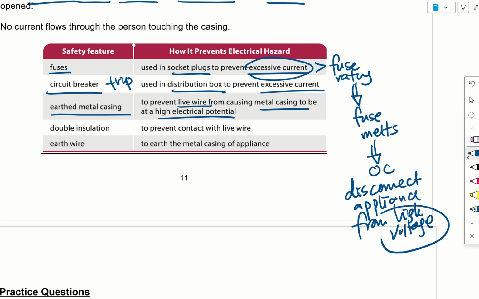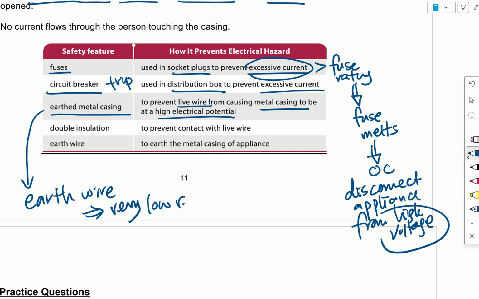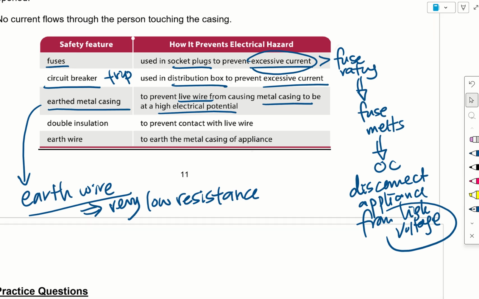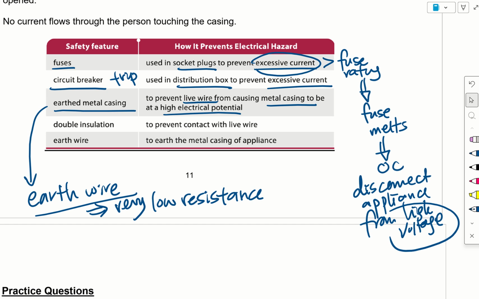So the live wire may become disconnected and touches the metal casing, but because there's an earth wire, this earth wire is actually at a very low resistance. Okay, meaning to say that the current will flow through this earth wire instead of someone who accidentally touches the appliances that has electrical fault.